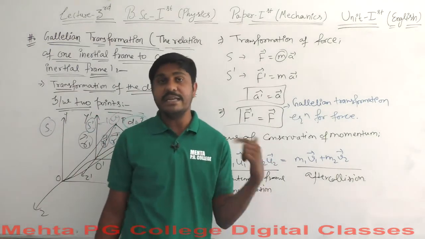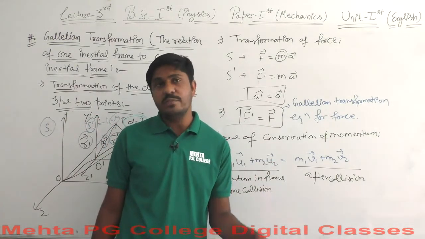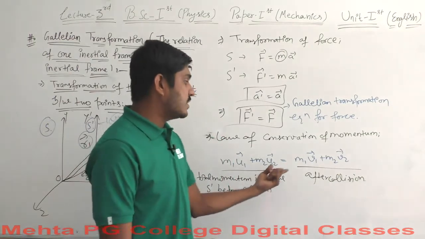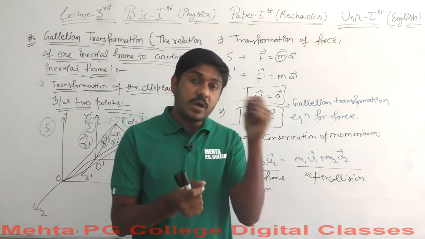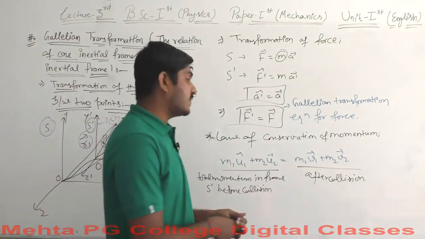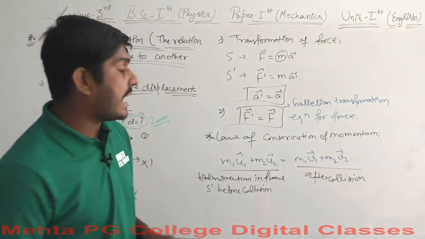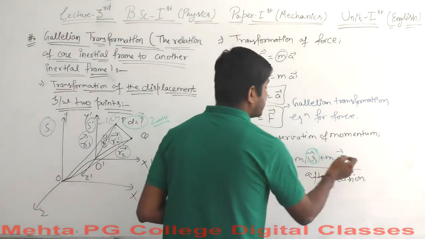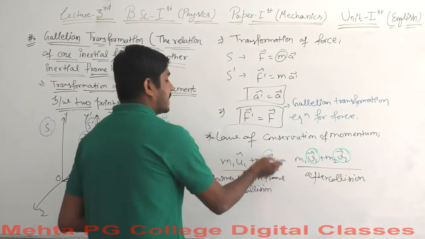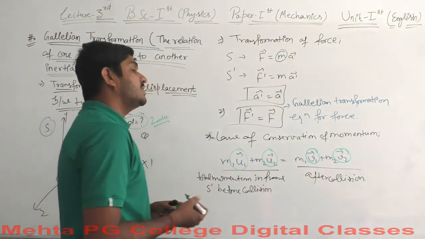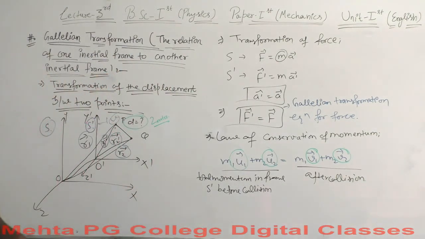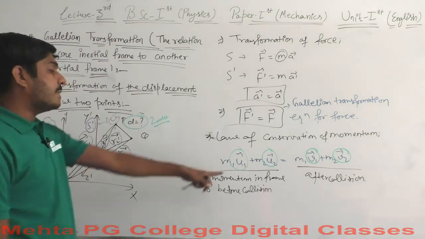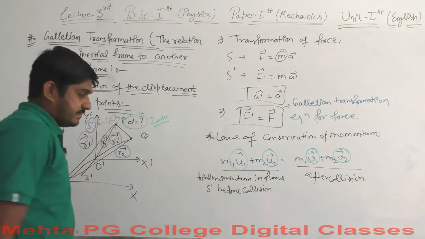Remember that mass always remains conserved because mass is a constant quantity, so the masses are m1 and m2 again, but after collision the velocities should change. Let's say those velocities are v1 and v2 now. These are the two velocities after collision, and these are the velocities before collision for two different particles. So let's find out whether these values are equal to each other. You remember the relation between u1 and v1.